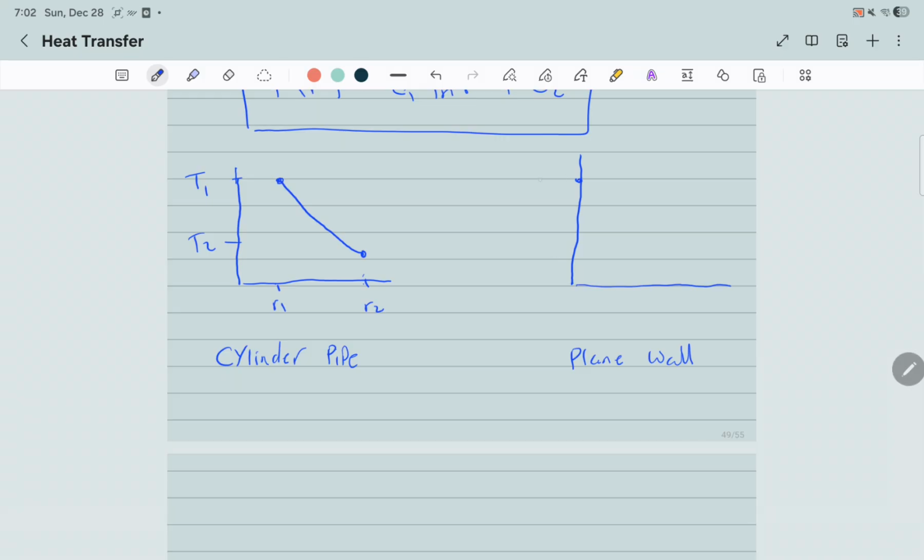So that is your T1, T2, 0 to L. That's 0, and that's L. And the temperature distribution in the plane wall was linear. Linear, logarithmic. Okay?